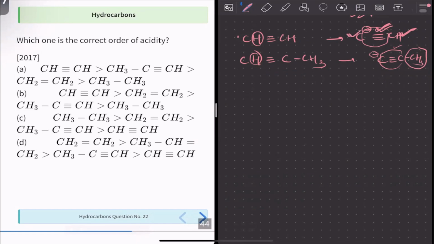So the first is more stable, so it will be more acidic. So what will be the order? That will be HC triple bond CH, then CH3 C triple bond CH, then CH2=CH2, and lastly alkane. So option A is correct here.